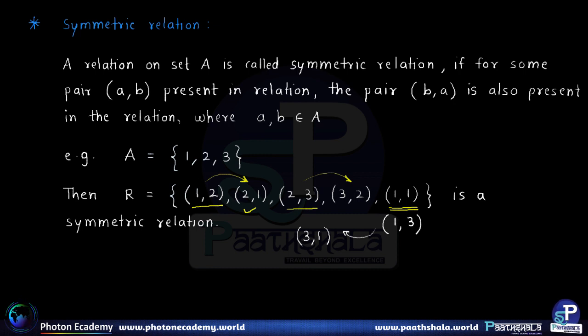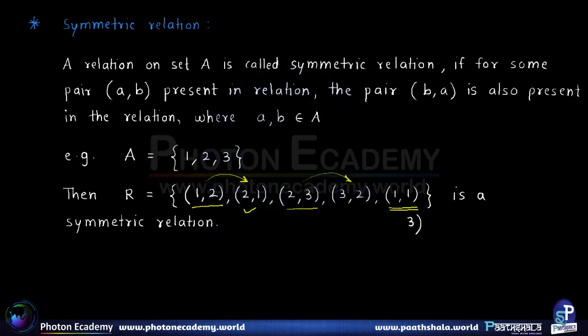Only then will that relation be called symmetric. But if it is not, and we have only the pair (1, 3), then it will not be a symmetric relation. Alright, so based on the pairs which exist in the relation, we check the symmetry and then decide whether it is symmetric or not.